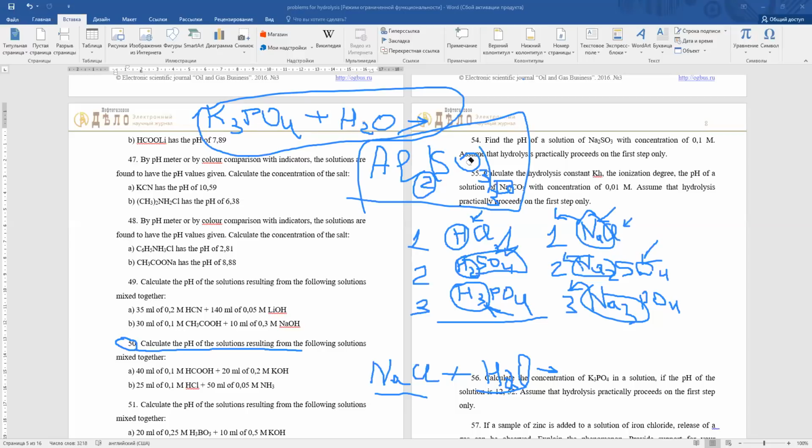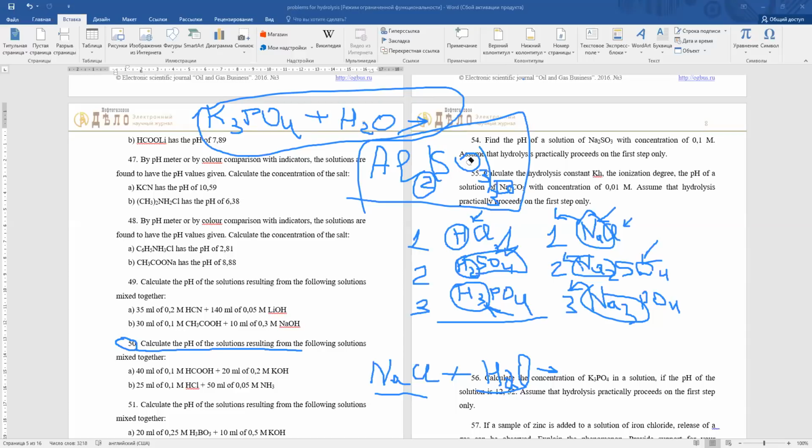We have to heat the solution, or dilute the solution, in order to make the second step occur. When it comes to the third step, you have to give extra heating, or dilute the solution more, and then you can reach the third step. It's more about the energy.